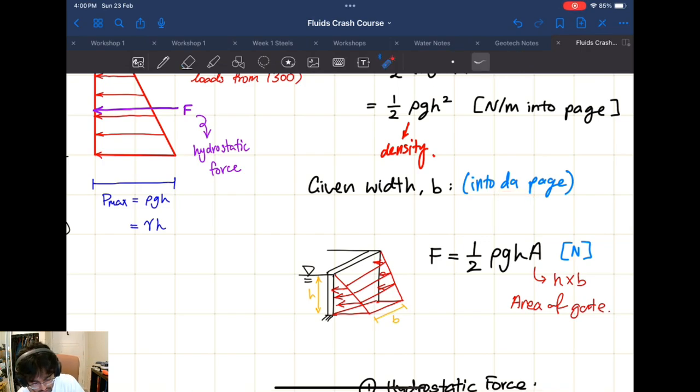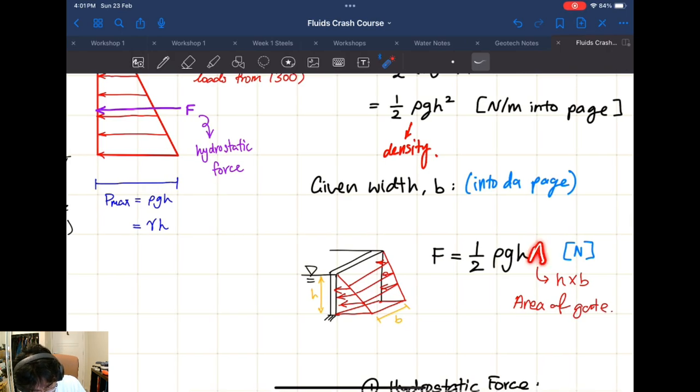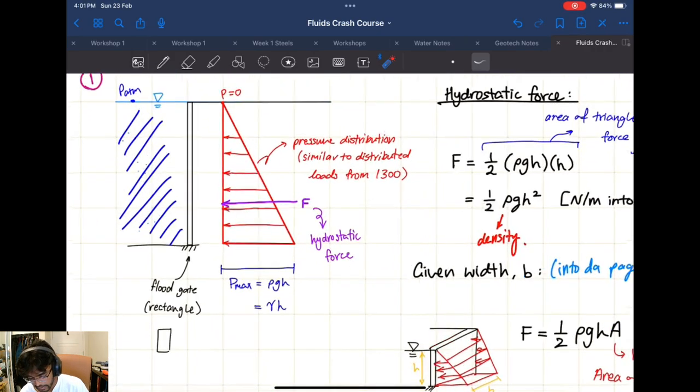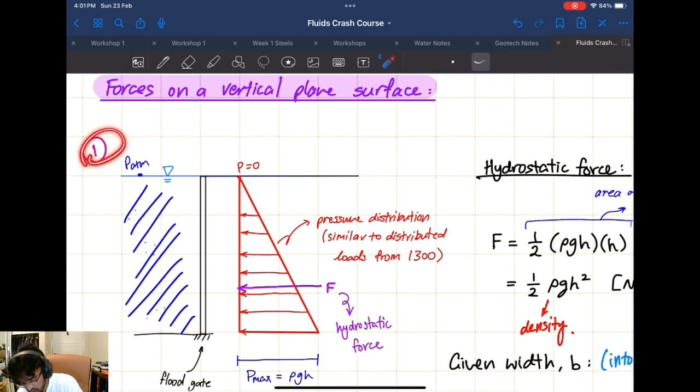The hydrostatic force is given by this. So this is the main formula that you guys are going to be using for this, right? The force, the hydrostatic force, where the area is the area of the gate, which is height times base. Right? So this is scenario 1 of vertical plane surfaces.